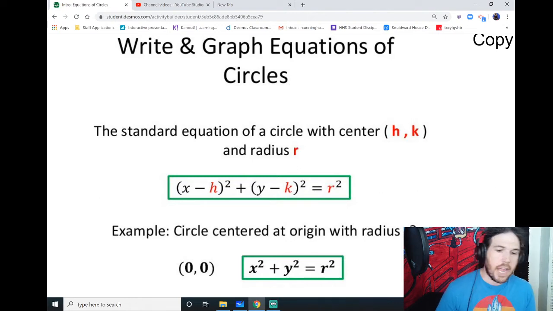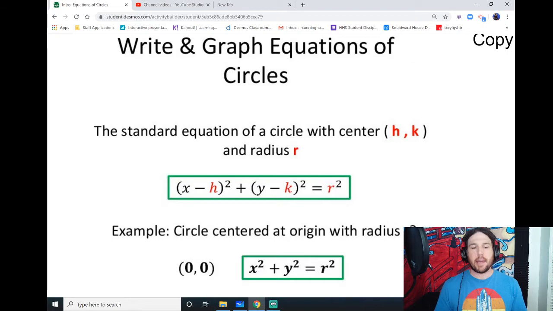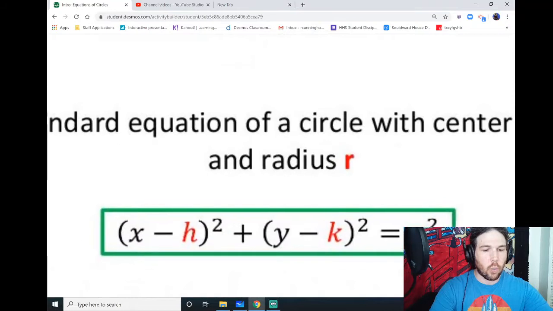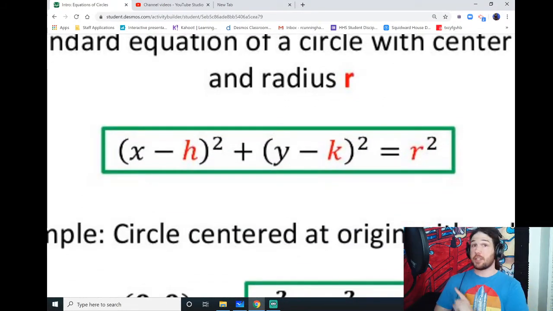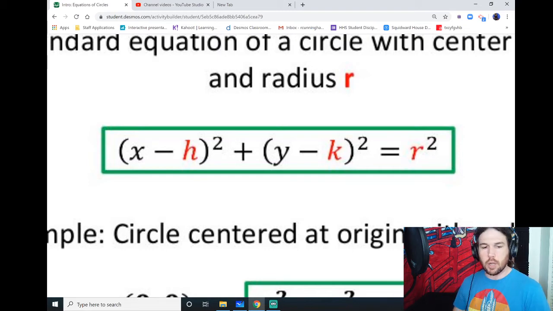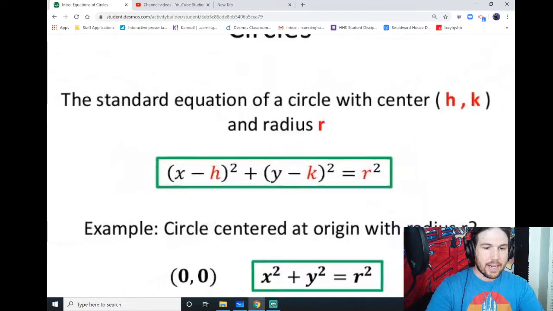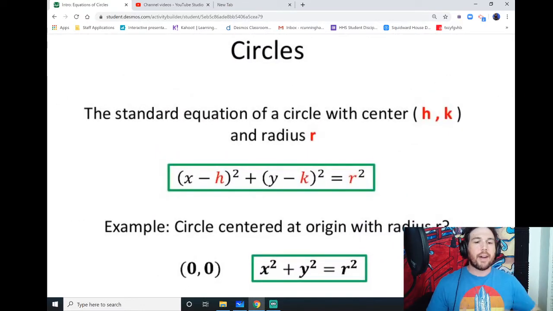Okay, the standard equation of a circle with a center at h, k and a radius r is x minus h squared plus y minus k squared equals r squared. Don't forget the squared. So if I wanted to have a circle centered at 0, 0, with a radius of r, as it says, that would be x minus 0, because h would be 0, and k would be 0, and r is just r.